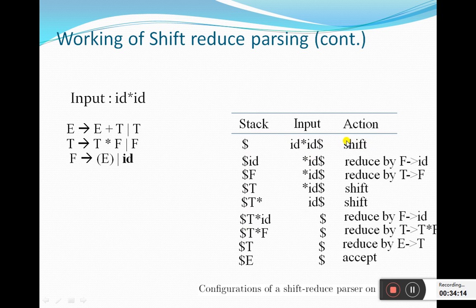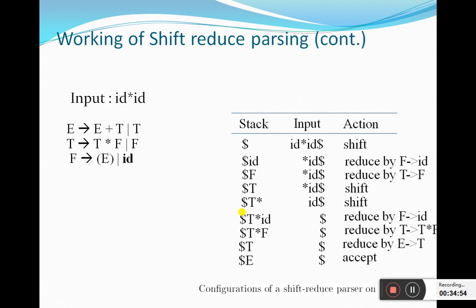The first action is always going to be shift, where we shift the current input symbol onto the stack. So id is the current input symbol, and we shift it onto the stack. Now on the stack we can see id is a handle, and we reduce, or replace, this handle by the head of the production, F. So id is replaced by F, reduced by F arrow id, and you get dollar F star id dollar.